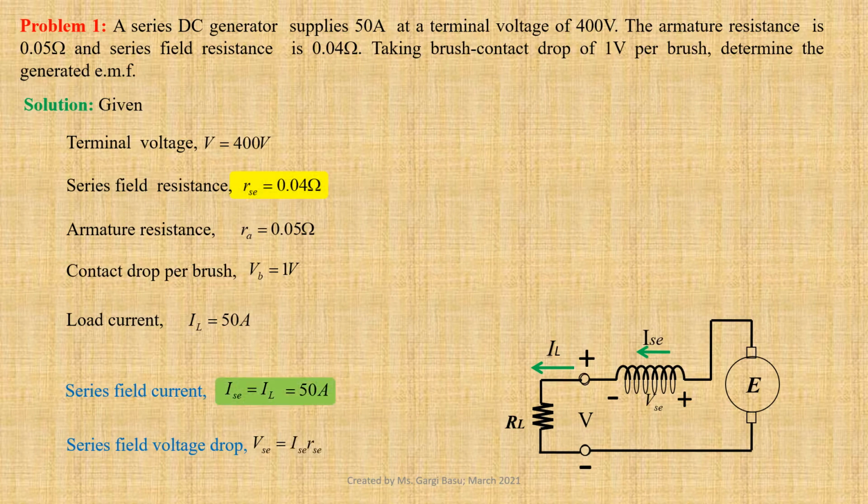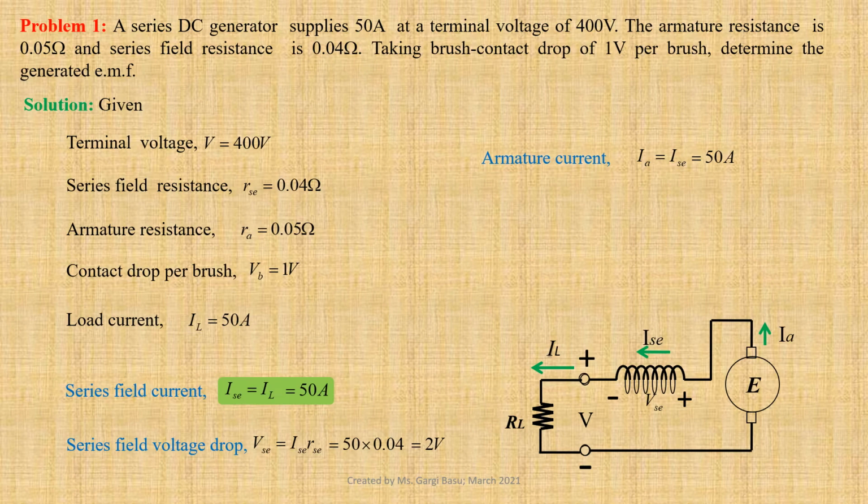Using values we get 50 into 0.04, that gives us 2 volts. In series generator, armature and series field windings are connected in series. Therefore, armature current IA equals IAC equals 50 ampere.